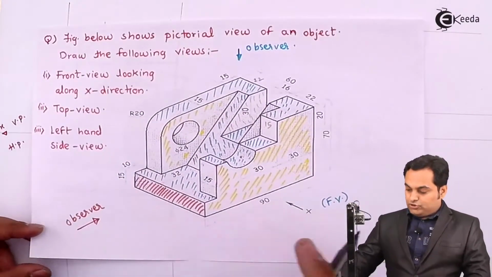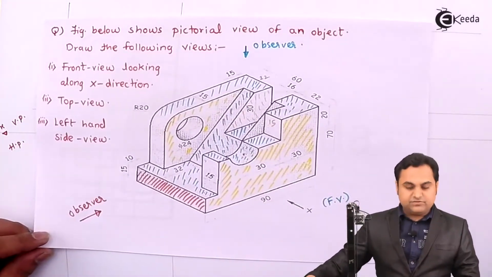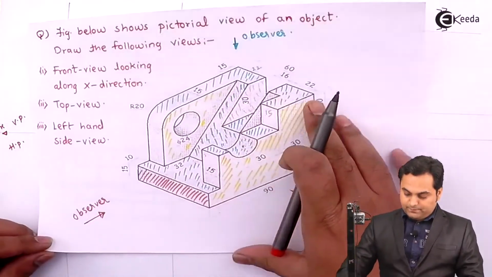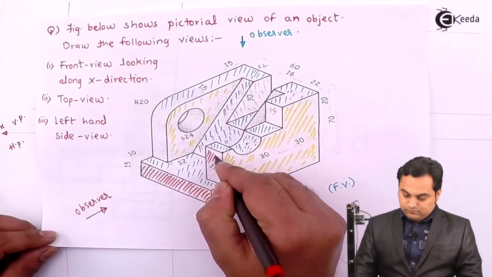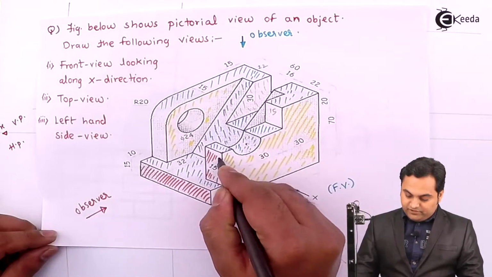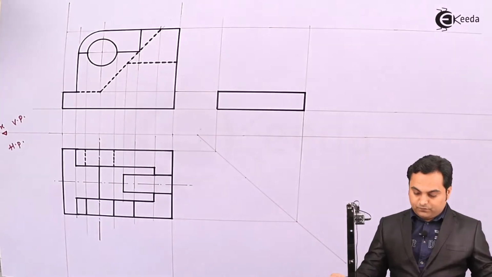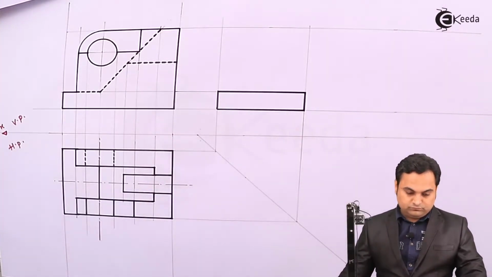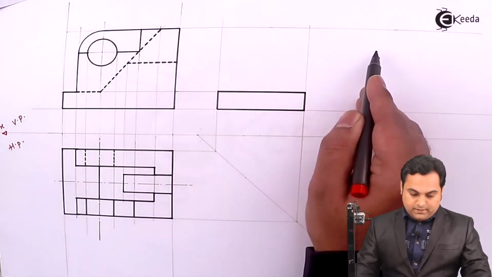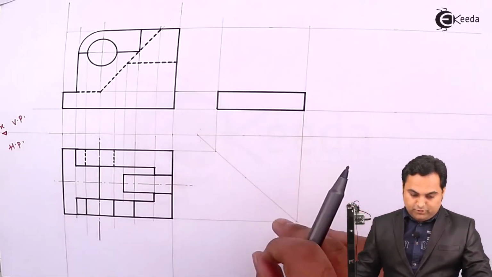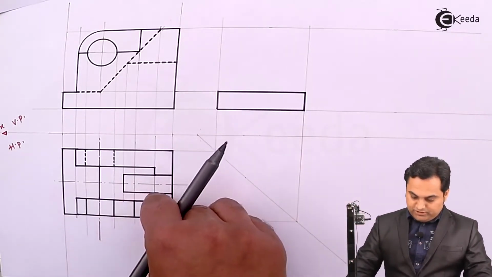After this portion, the next thing which is visible to me is this block having 15 mm width, and its height I'll get from the front view, which is here, and the width I can get from the top view, which is 15 mm on this side.